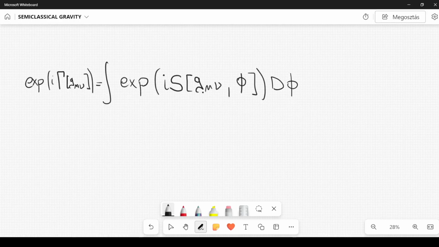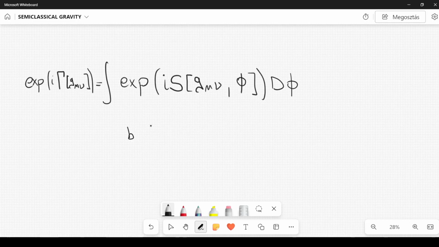So we are integrating over all the possible configurations for phi, and that will give us this so-called effective action. This is also known as the back reaction of quantum fluctuations of matter fields on gravitation. It's some kind of averaging performed over quantum fluctuations.